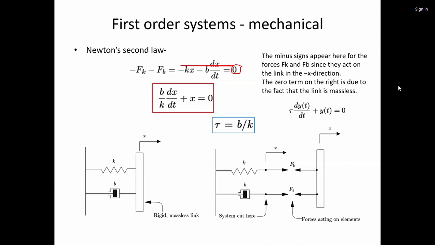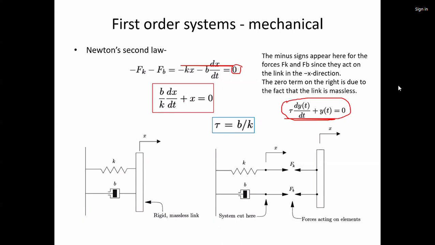Now, this characteristic equation is similar to what I had shown you in the very first class when we started talking about first order system. The first order system typically is represented in this form: tau, which is the time constant, dy over dt plus y is 0, and y can be displacement, temperature, anything.